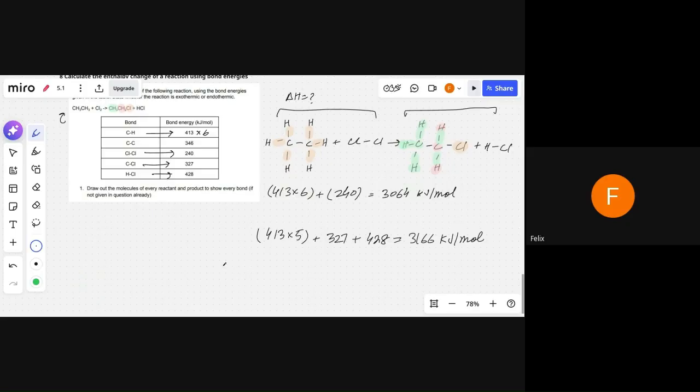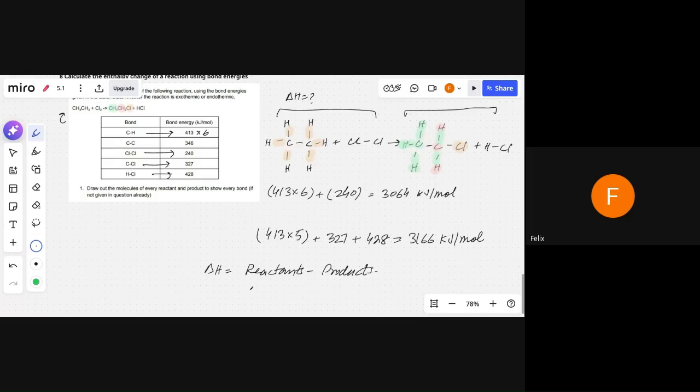Now the formula that we will be using to calculate delta H is delta H equals reactants minus products, or you can say the energy absorbed minus energy released, right?